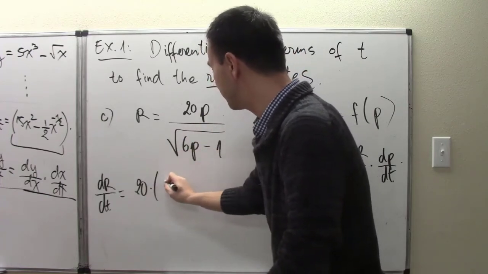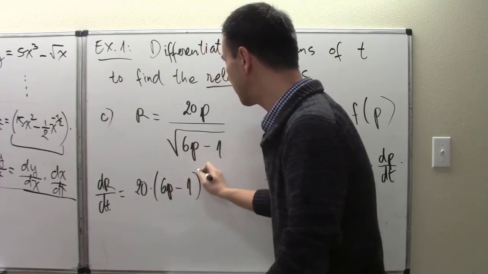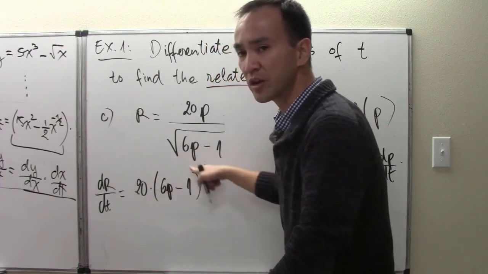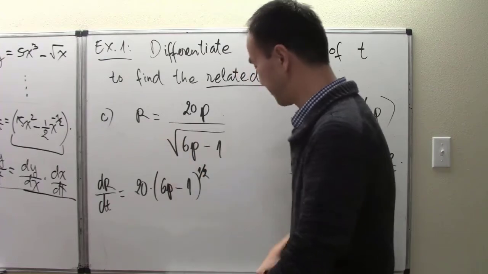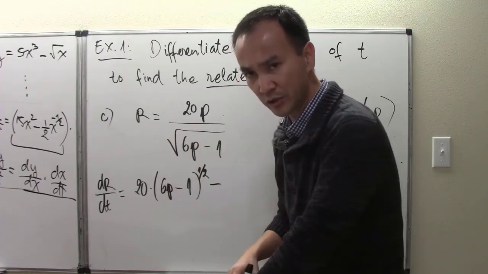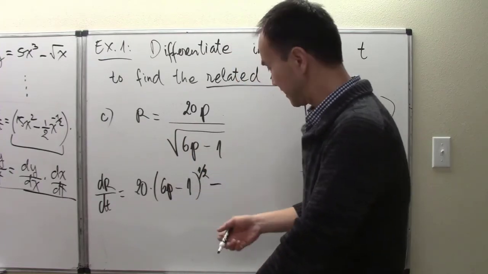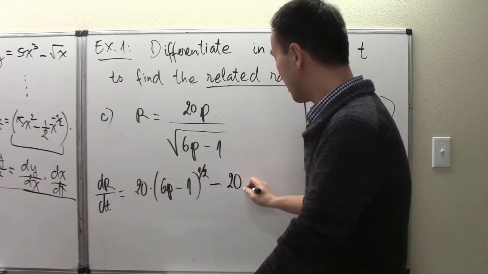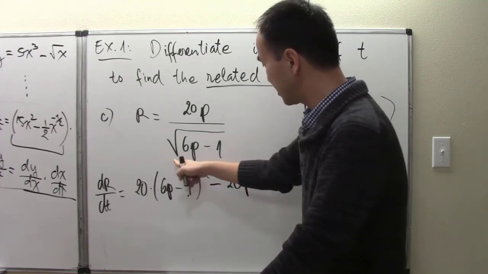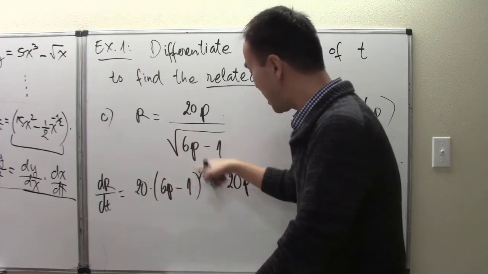So 20 times (6p minus 1) to the 1/2 power. This is the denominator without derivative. And I'm going to subtract, according to the quotient rule, 20p multiplied by the derivative of the bottom in terms of p.